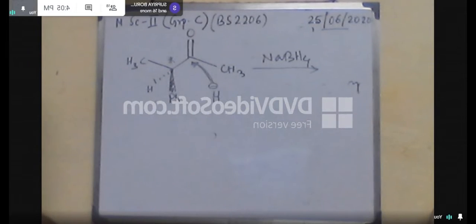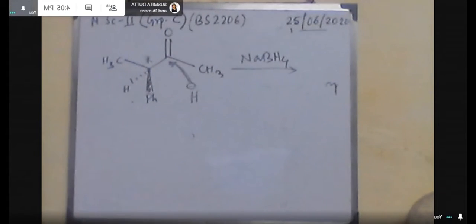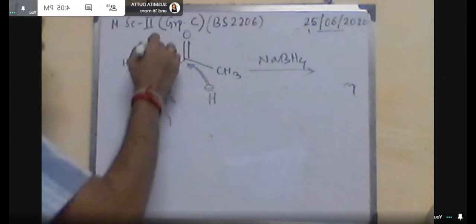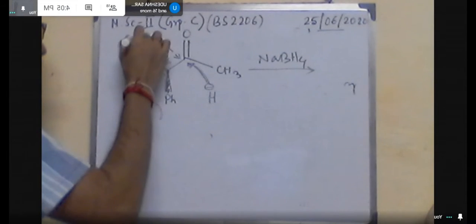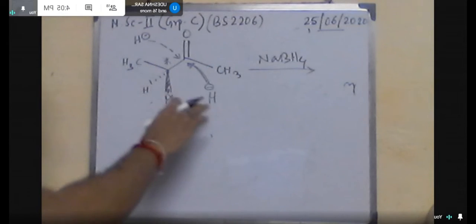And similarly the other pathway, if the hydride attacks from the bottom face, we will get hydrogen away from the viewer and OH towards the viewer.